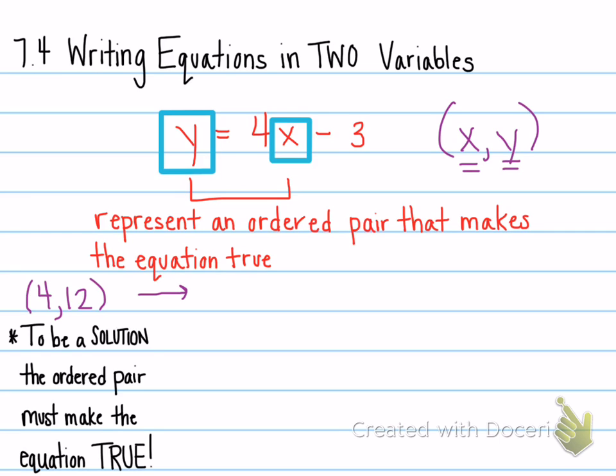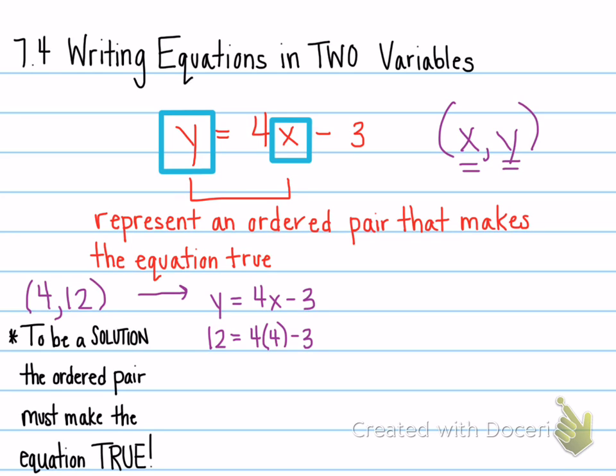So I have y equals 4x minus 3. I know that y is 12 from my ordered pair. 4 times 4 for my x value minus 3.